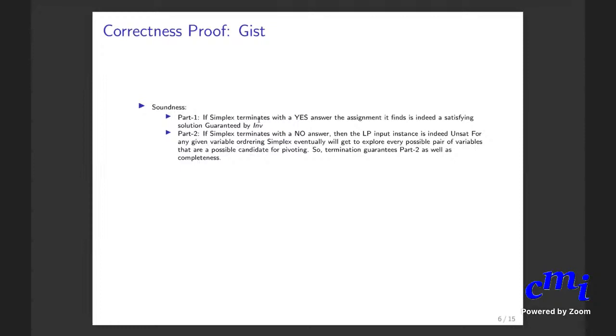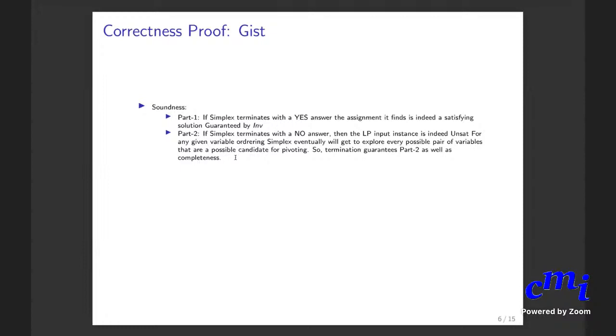You give a yes answer only when all the basic variables satisfy their respective bounds. And since all the non-basic variables always satisfy the invariant, when you say yes, it indeed satisfies all the constraints.